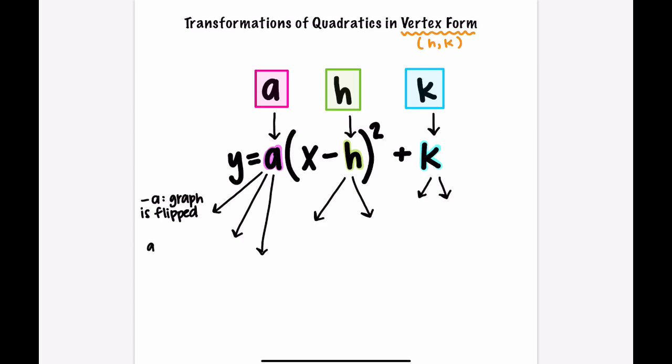So if a is bigger than 1, then it has been stretched. And when I say stretched, you can either be stretched vertically, so it's made skinnier, or it can be stretched horizontally and made wider. So if a is bigger than 1, it's been stretched vertically.